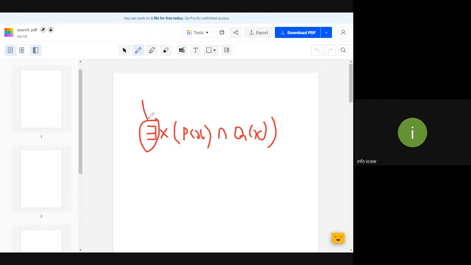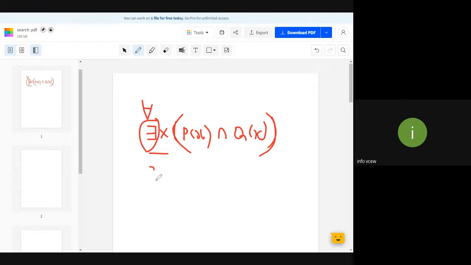Suppose you are using A, what is the meaning? That is a universal quantifier. Here I'm using the existential quantifier E of x, P of x intersection Q of x. Here I'm using the whole bracket. So this is the bound variable. E of x is bound with each variable, P of x and also Q of x.